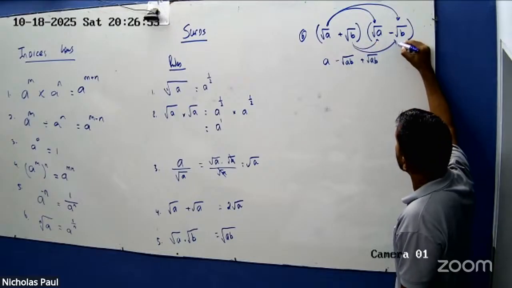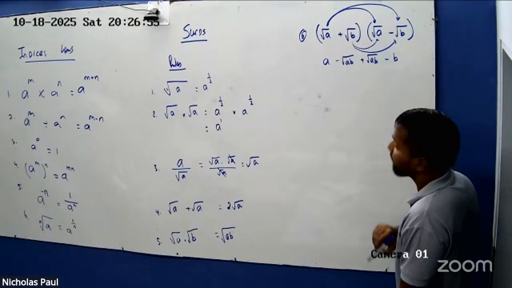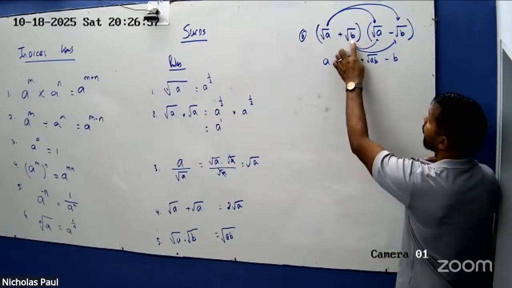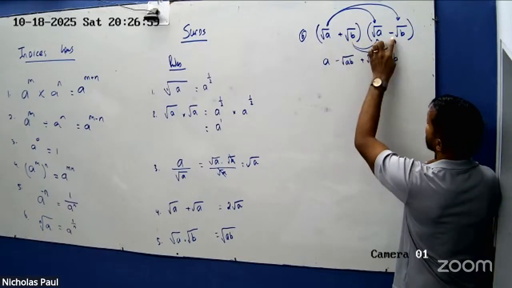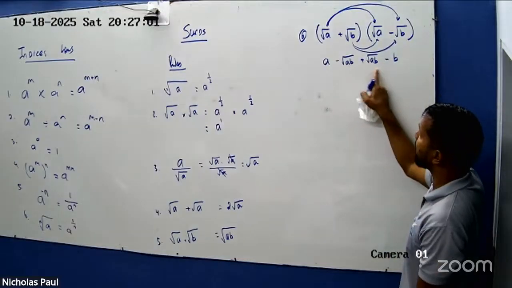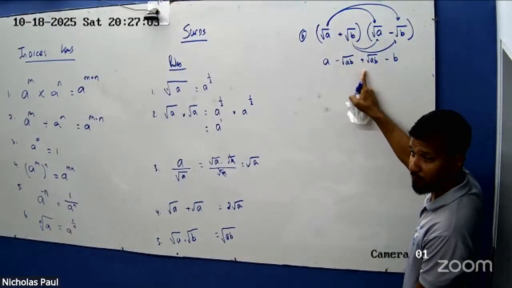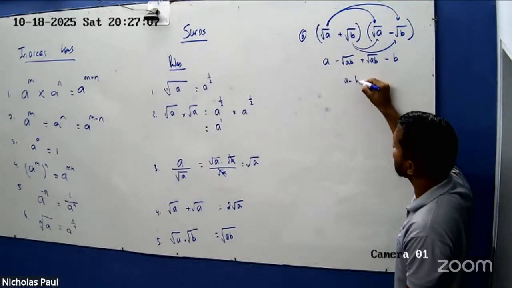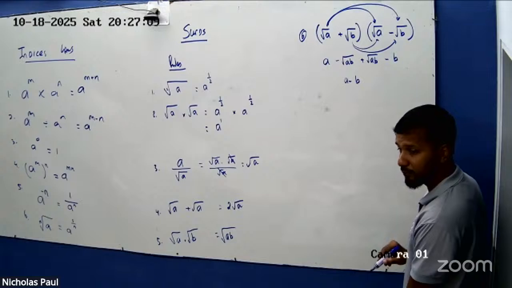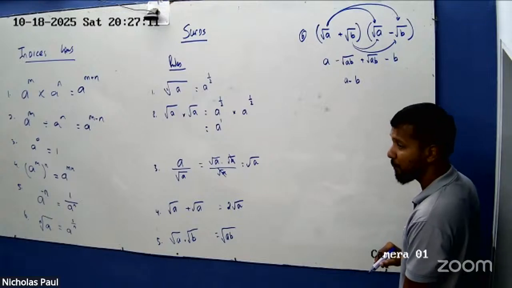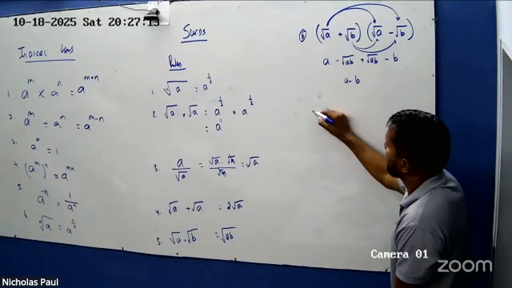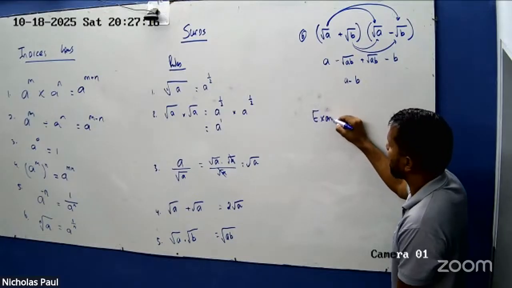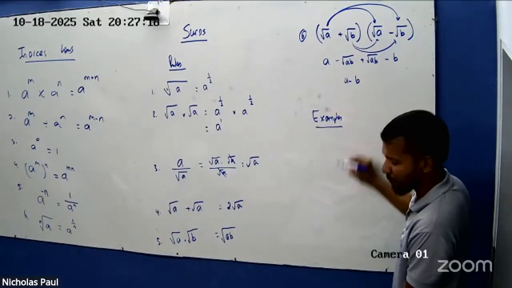Root B by minus root B is minus, and root B by root B is B. Plus by minus is minus. What would happen here? These two will cancel off and you'll get A minus B. Copy it down, and then we can start some examples.